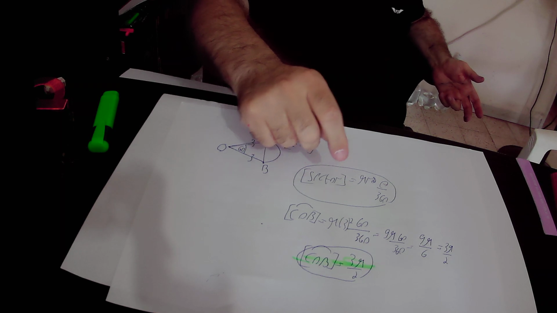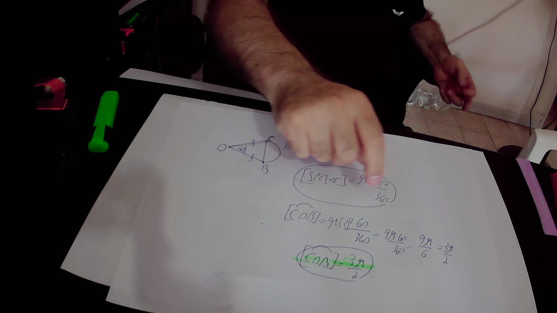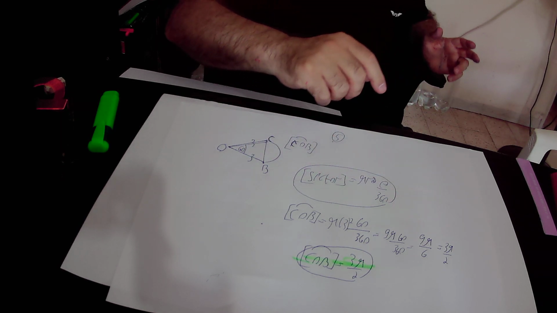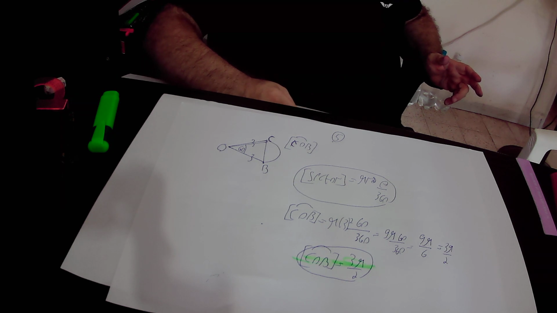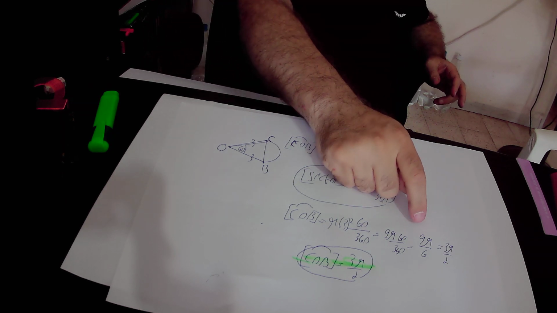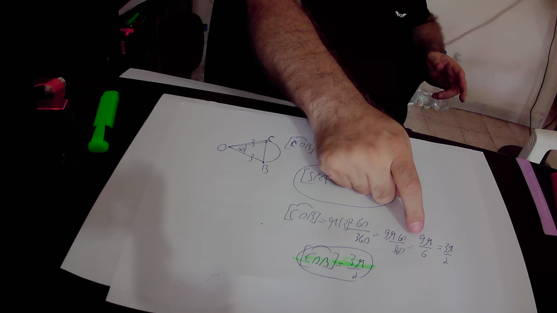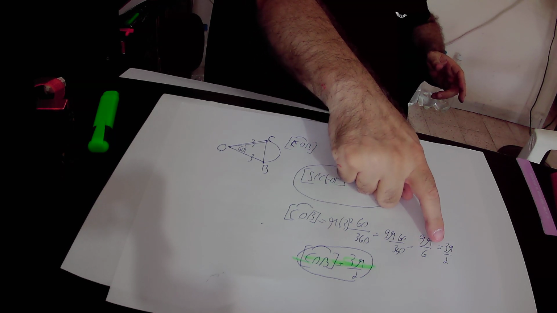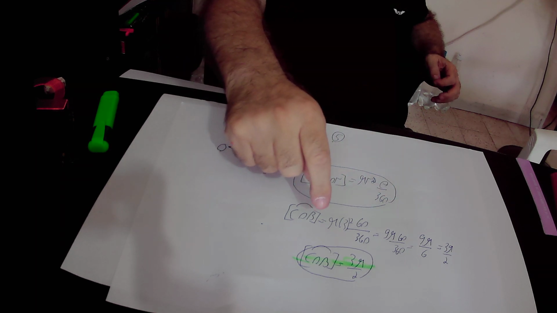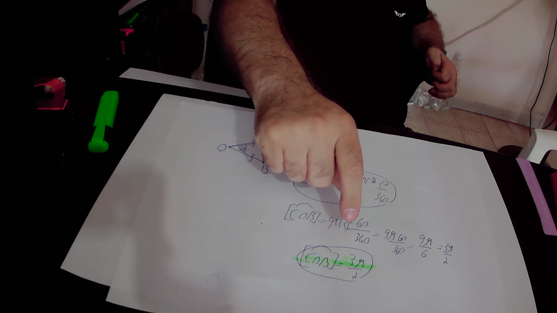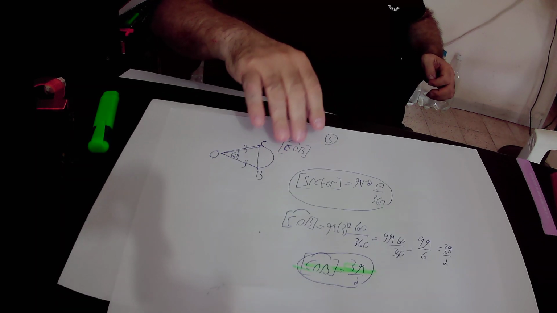So the area of sector COB equals 9 pi over 6 square units. Divide both the numerator and the denominator by 3. 9 over 3 is 3, so in the numerator we have 3 pi. 6 over 3 is 2, so in the denominator we have 2. So the area of sector COB equals 3 pi over 2 square units.